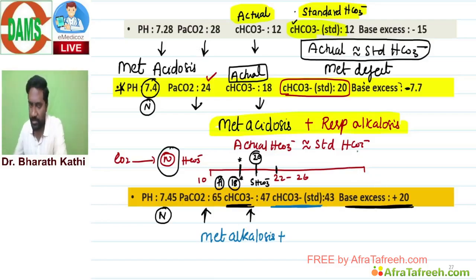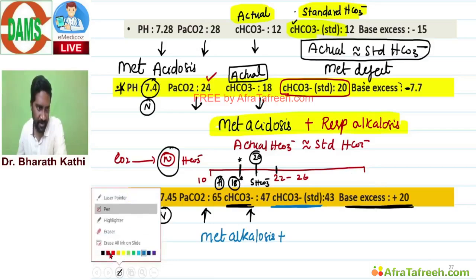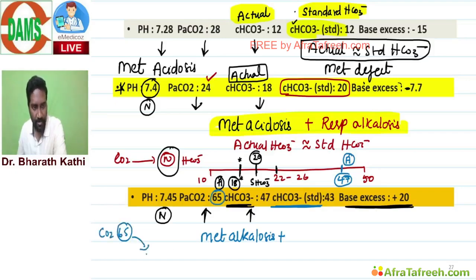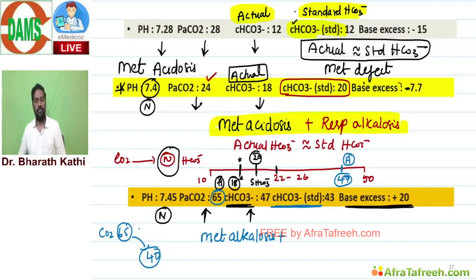Now let us say, for example, on this side, the higher limit of bicarbonate is 50. The actual bicarbonate of this patient is 47. When you corrected the bicarbonate by bringing the CO2 to normal, so CO2 was 65, you brought it to normal, 40.